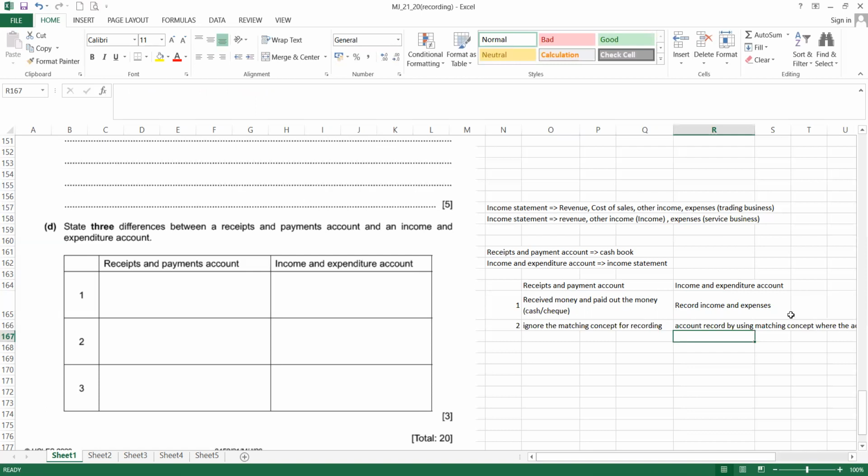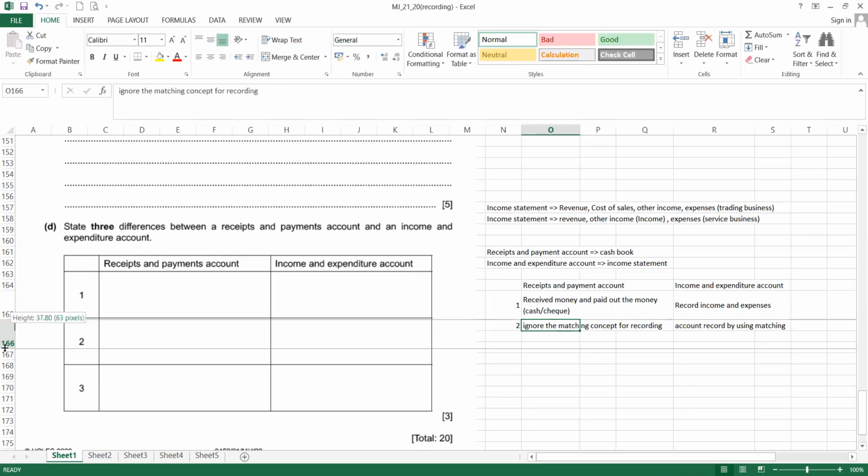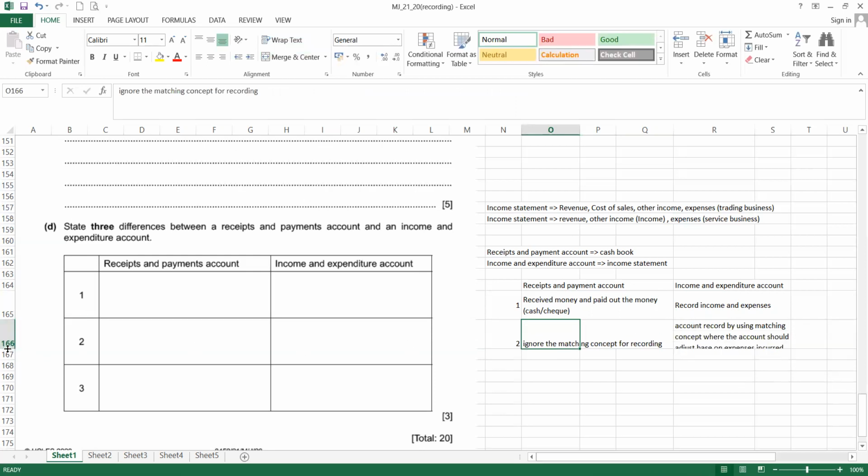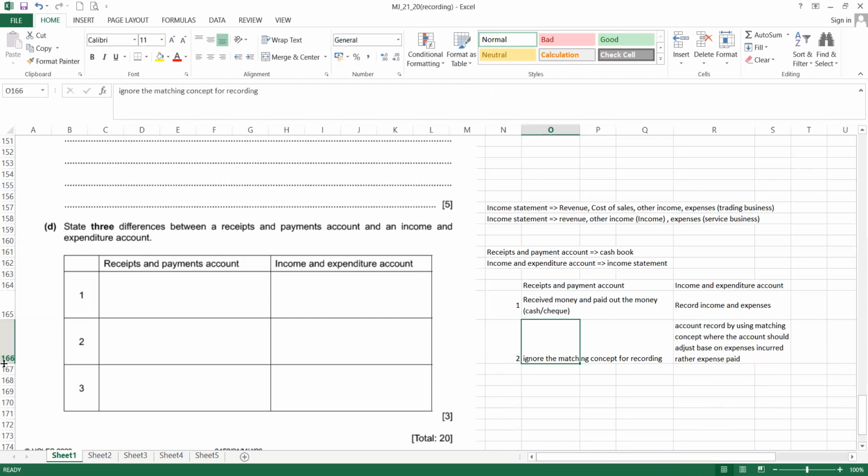So that is trying to emphasize the difference between the receipt or the cash book compared with the income and expenditure.